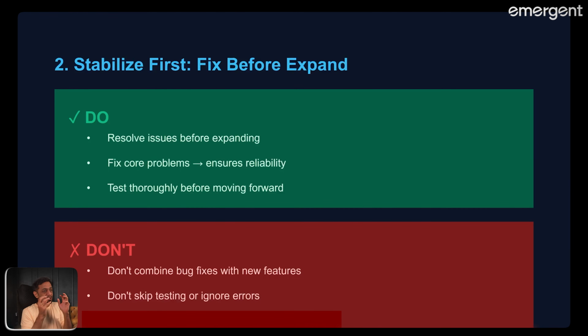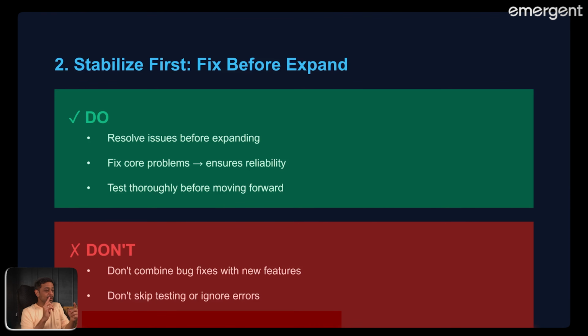Second point is fix before you expand. What does this mean? Sometimes when AI gives you the output, or the platform gives the output, what we tend to do is we tell it, okay, fix this issue and also work on the next functionality. Let's say for example, we started with team management and there is some issue.